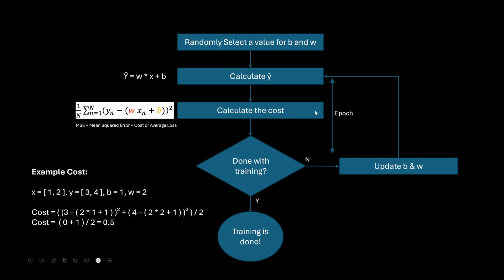And we can have multiple epochs. We may fix the number of epochs, or we may do other things to drive the cost to an acceptable value, so that we have the best values for B and W that would give us the best relationship between y hat and the input.